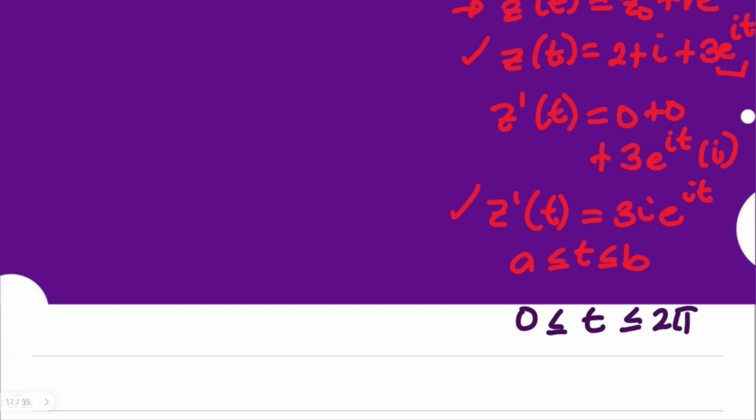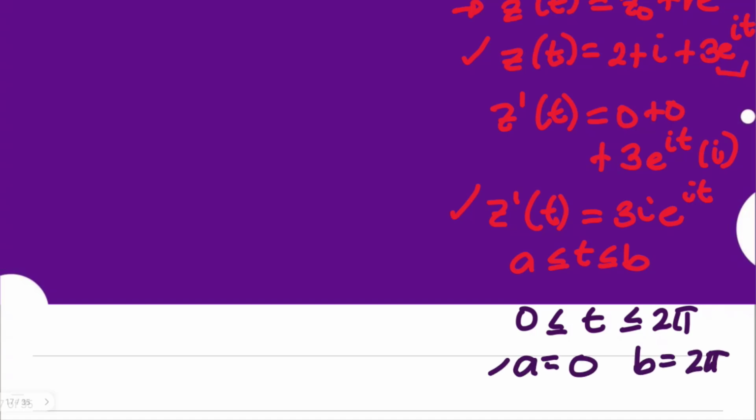It needs to be completely circular, and if it's not until 2 pi, then of course our result is no longer a circular path. That would mean our a is 0 and b is 2 pi.